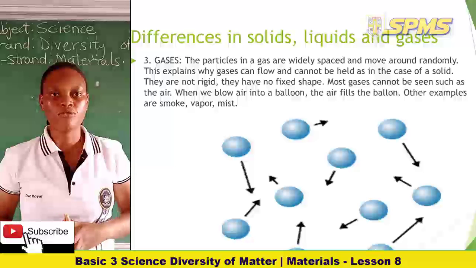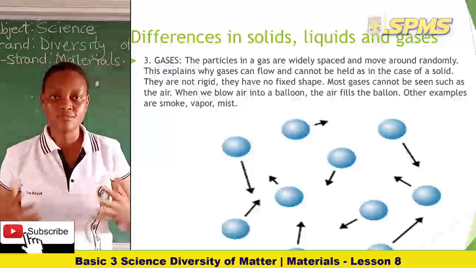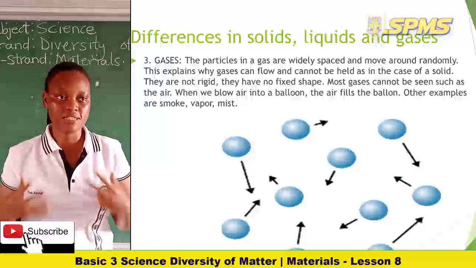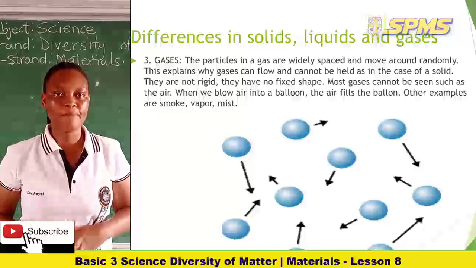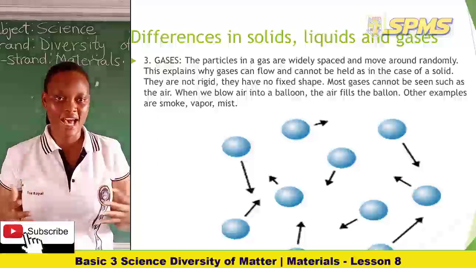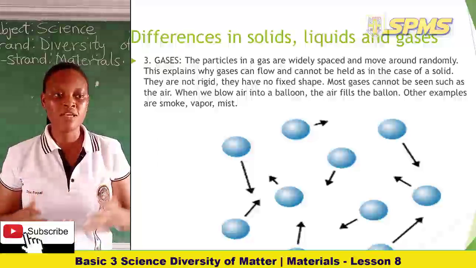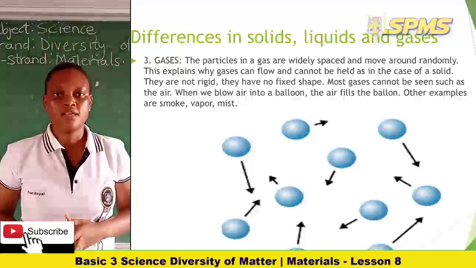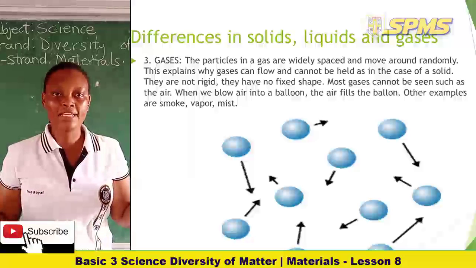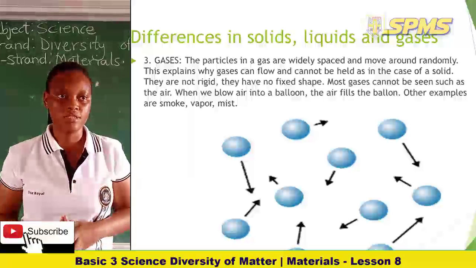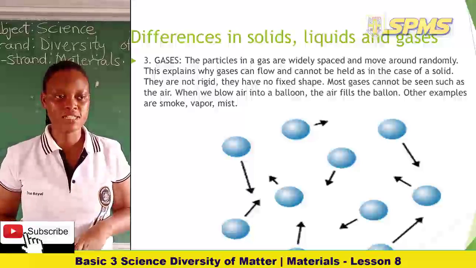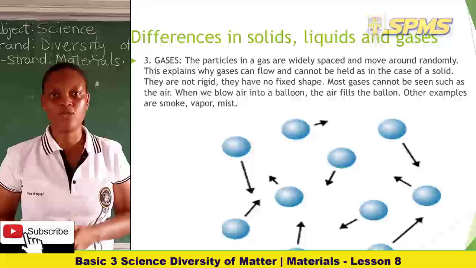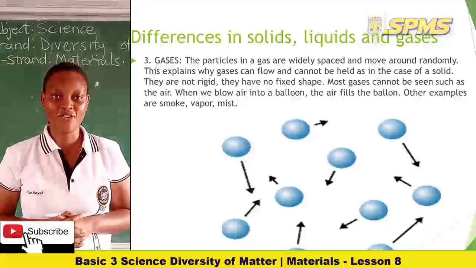So examples of gas that we have are the smoke, the vapor, that's the steam, the mist. These are some examples of gases that we have. So the image you can see is that particles are widely spread and they randomly move around. So that is in the form of what? Gas. Very good.